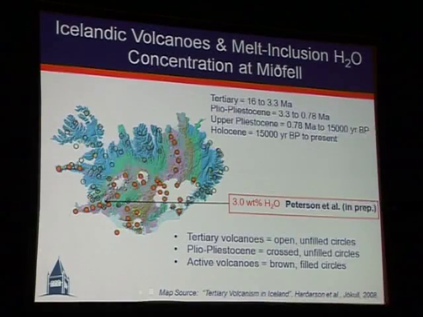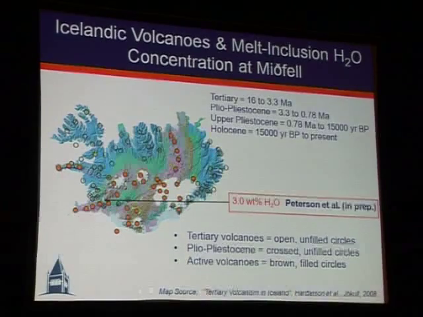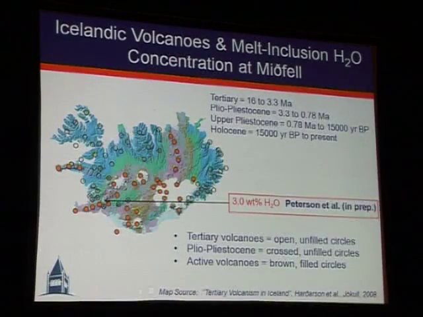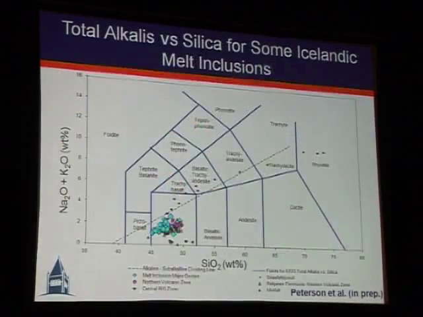Now, this is the tip of the iceberg. We need to understand this a little bit better, and therefore 2 weeks ago we spent a great deal of time going all over the island to be able to do a regional study of all of this volcanism.